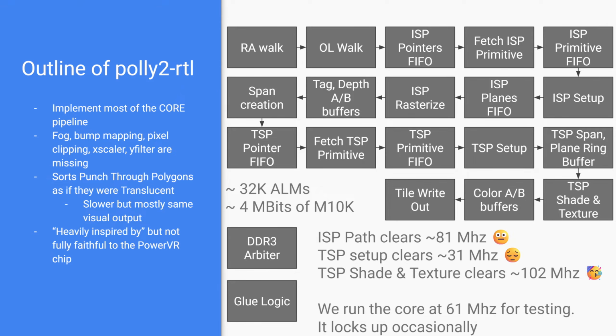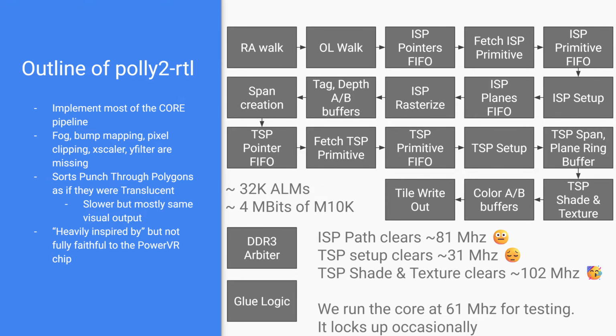Then this writes the buffer, and then we go to the span creation. While the ISP rasterizes one pass, the span creation works on the previous pass. The span creation processes up to 4 pixels at a time, creating spans that are 4 pixels wide. We could do them larger, but it's fast enough.